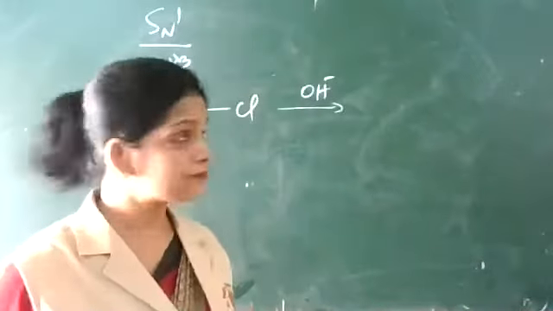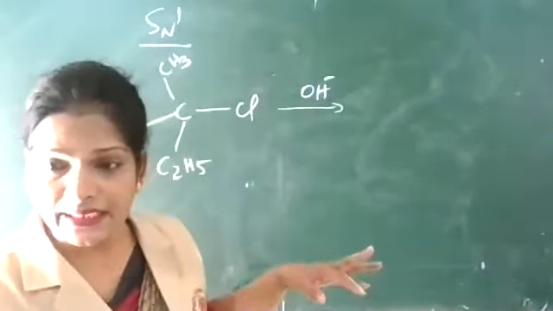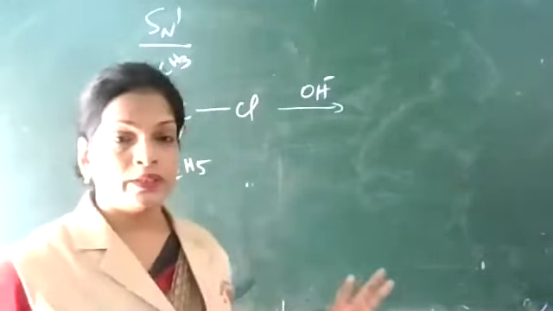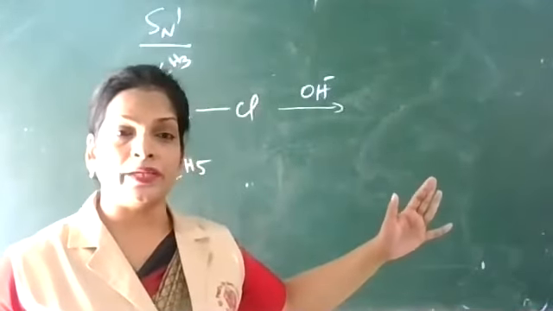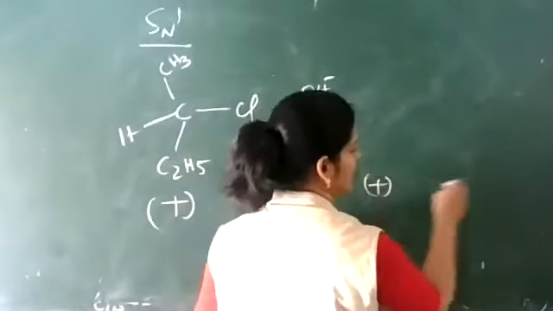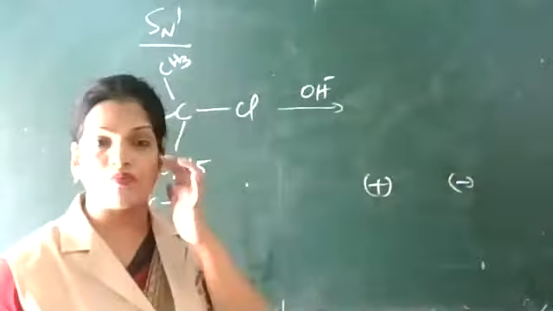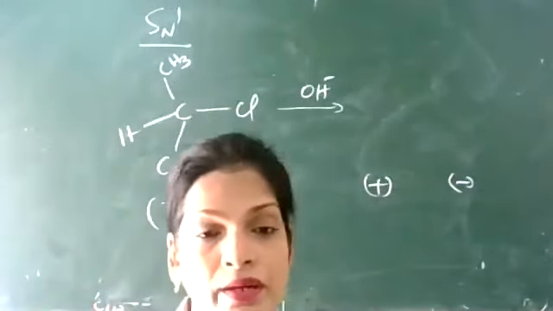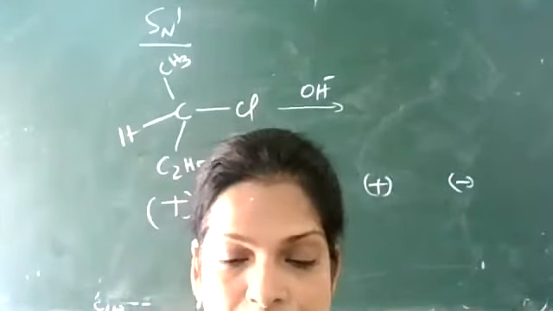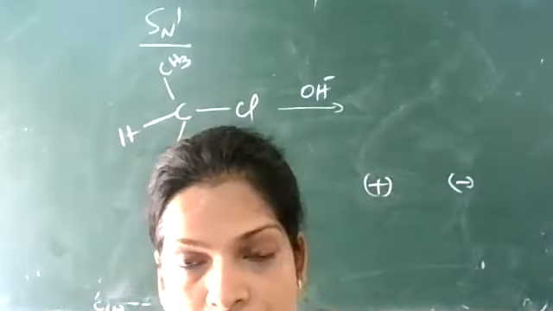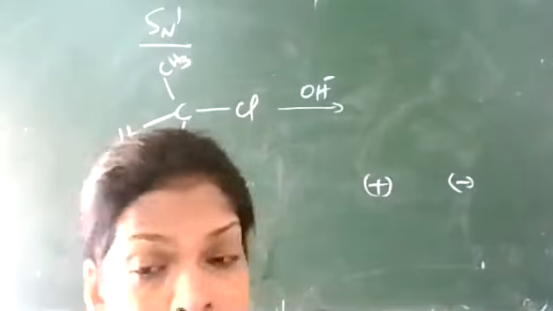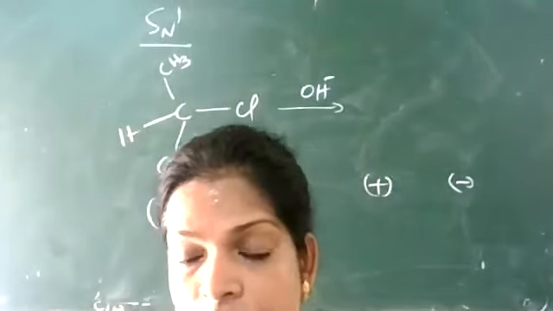What will happen? Retention as well as inversion take place. Suppose this is plus, you will be getting here plus and minus, an equimolar mixture of plus and minus. That mixture is called a racemic mixture. You write plus and minus 50-50. This equimolar mixture of plus and minus isomers is called a racemic modification or racemic mixture.